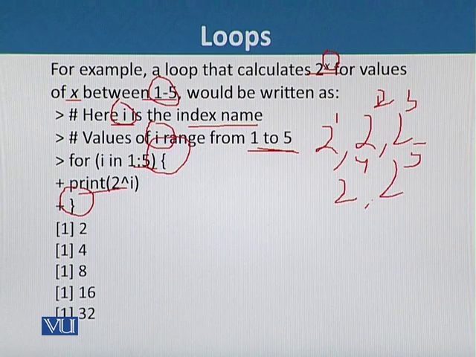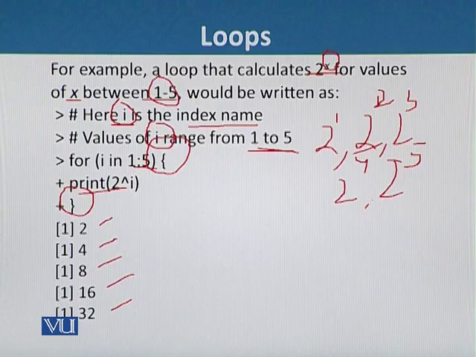So 2 raised to power 1 will be 2, 2 raised to power 2 will be 4, then 8, 16, and the last, 2 raised to power 5, will be 32. So it has repeated its command 5 times, as we have given within the for loop.